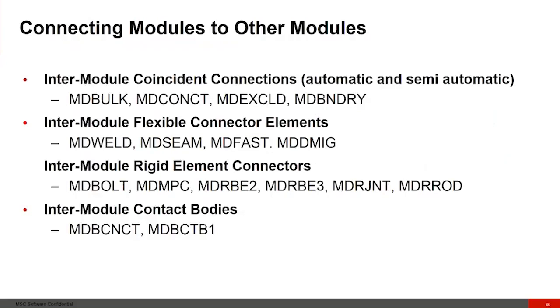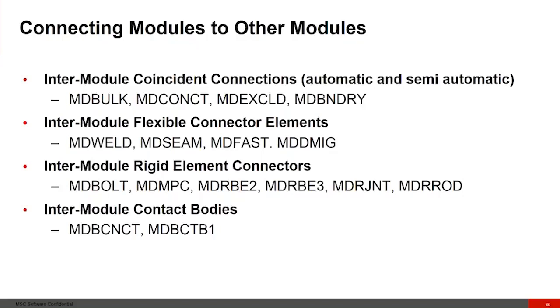So also, we have the connecting modules to other modules, the interconnections. MSC Nastran 2018 provides a wide range of flexibility for the user when it comes to connecting and defining a connection for these modules. So you can have inner module for coincident connections using the MD bulk entry or MD connect entry.